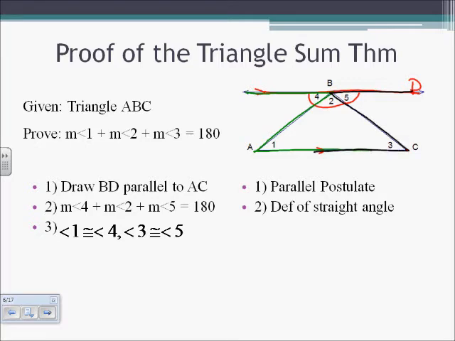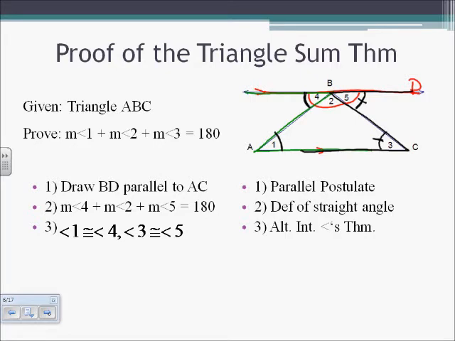One green Z and one black Z. And remember, the thing about Z's is that their corners are congruent, on both of them. And the reason why the corners are congruent on these Z's through parallel lines is because they are alternate interior angles. So therefore, by the alternate interior angles theorem, angle 1 is congruent to angle 4 and angle 3 is congruent to angle 5.